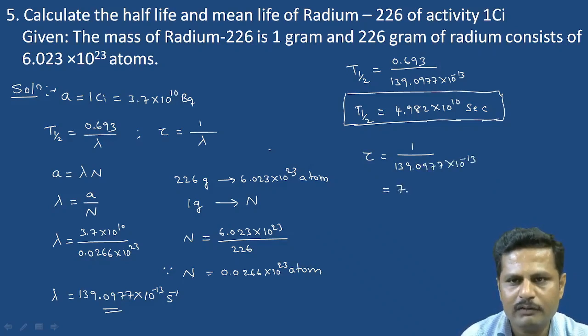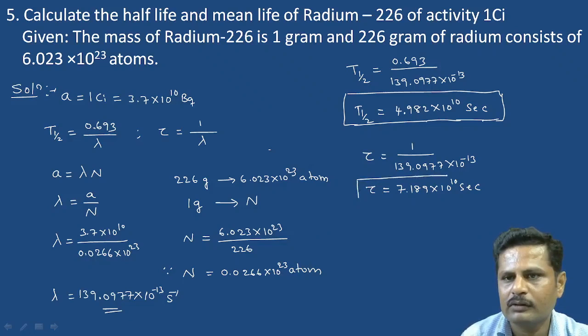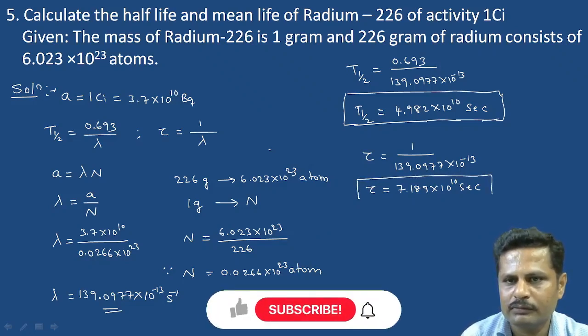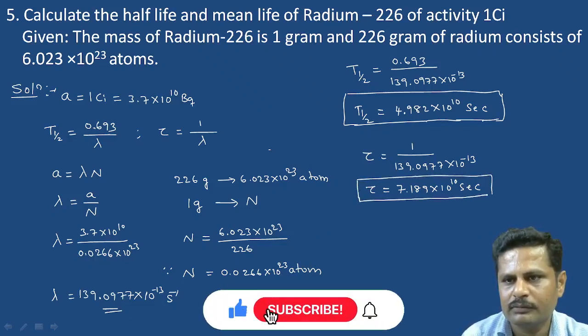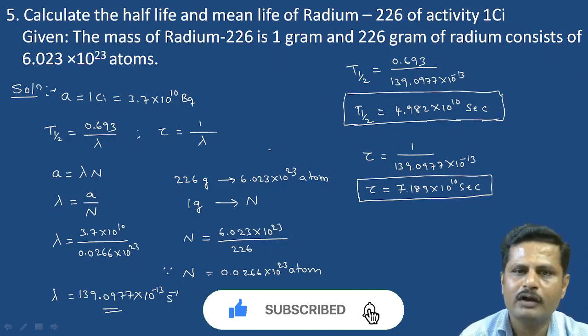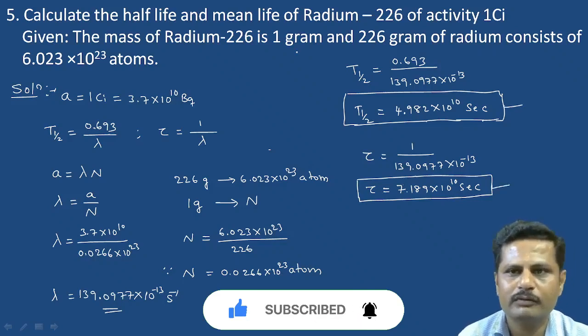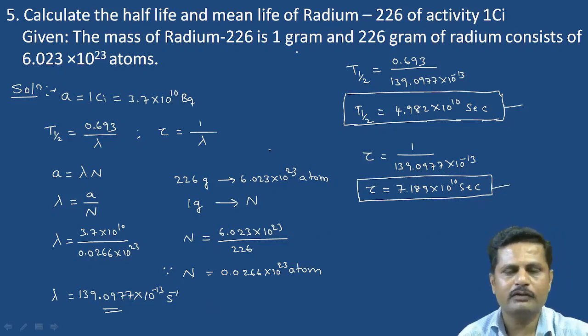On simplifying, we will get 7.189 into 10 raised to 10 second. This is the mean life. So these are the half-life and mean life of the given radioactive substance. Okay, this is the solution for this question.